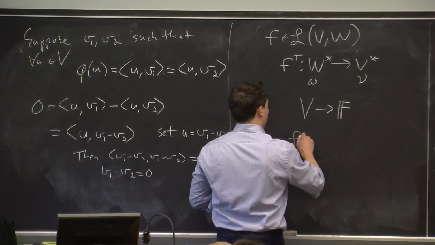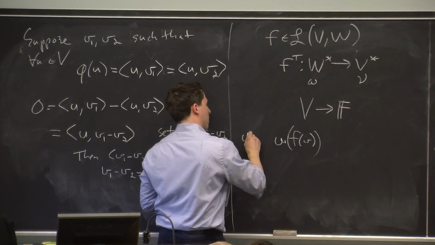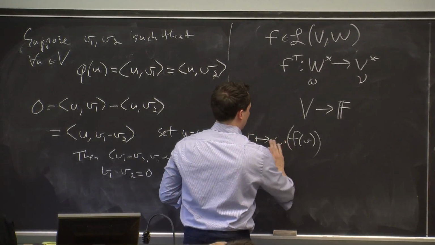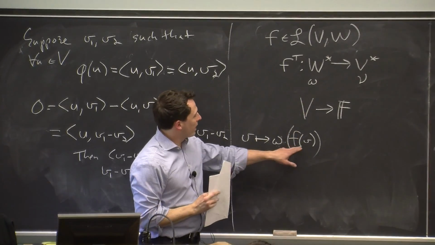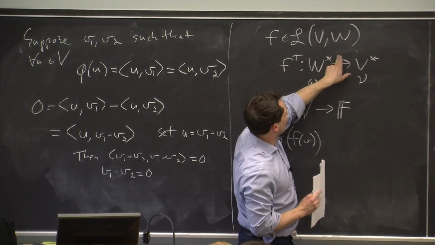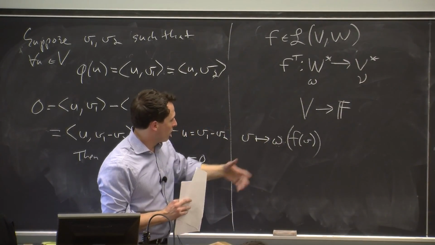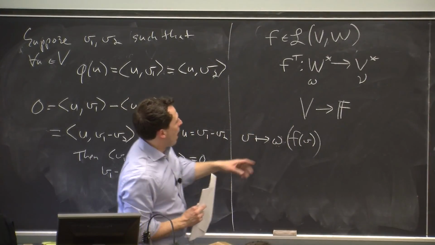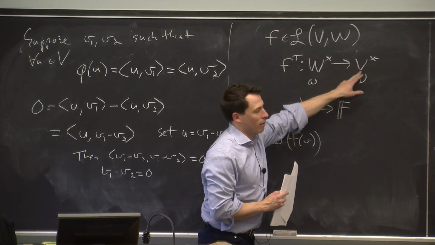Well, I just apply F to V, and then I apply the linear functional to that. So first I take V, I translate it into something which is in W, and then I apply my linear functional, and that gets me a field element. And so that composition provides a map from V to F. However, it doesn't really go from W to V, it goes from W star to V star.